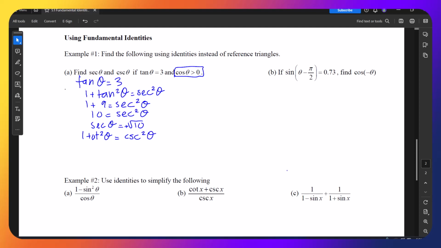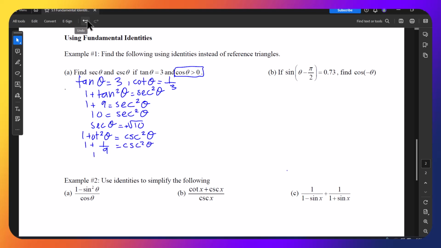We don't have cotangent, but we do have tan, so we can say cotan of theta is therefore the reciprocal of tan, which is 1 over 3. 1 plus 1 over 9, because 1/3 squared is 1 over 9, equals cosecant squared of theta.